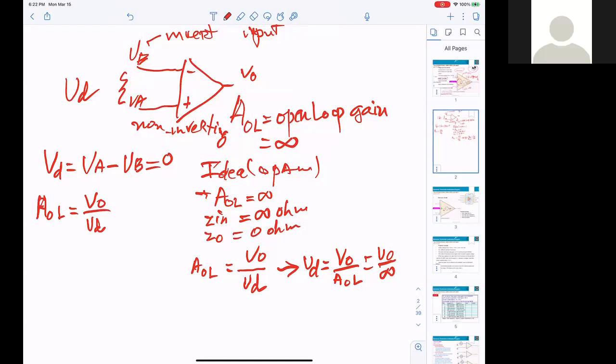AOL, open loop gain. Okay. Yeah, and that equals V out over VD, without hitting the rails, equal to infinity.